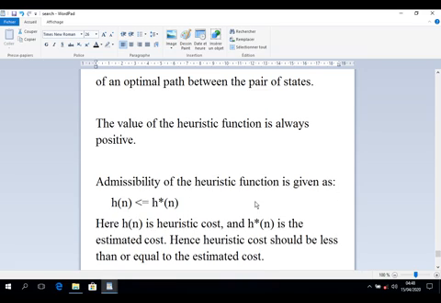The value of the heuristic function is always positive, so it is a positive function. And then the admissibility of the heuristic function is given as: the heuristic function h(n) is less than or equal to h*. What is this? This quantity is the estimated cost to reach the goal.